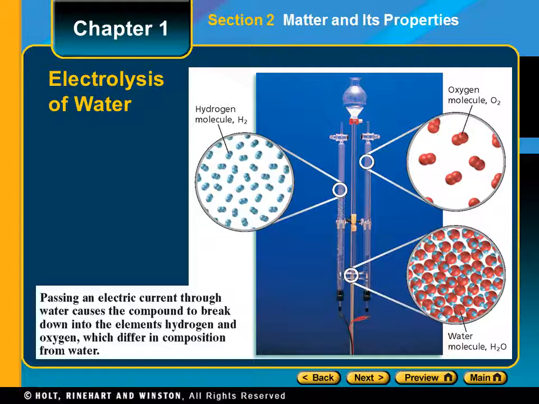You can test that you've collected oxygen and hydrogen, and that electrolysis is also representative of a chemical change that has taken place. You don't have water anymore. You have hydrogen and you have oxygen separate from each other.